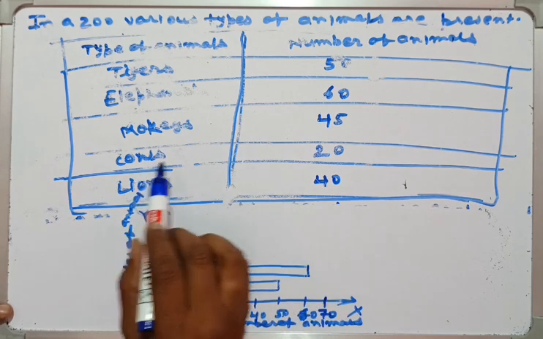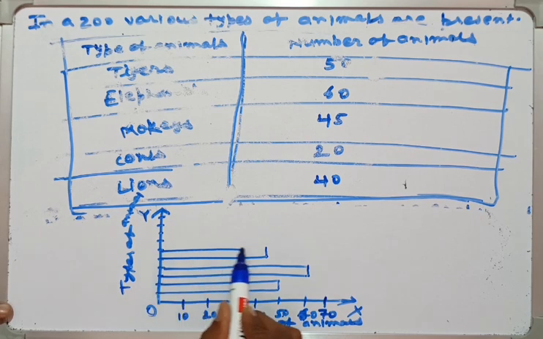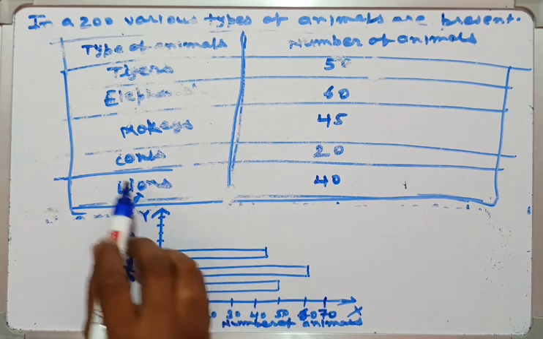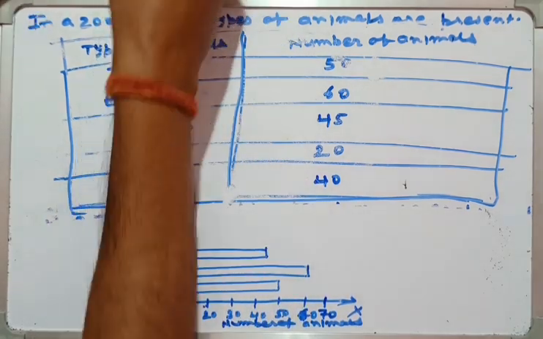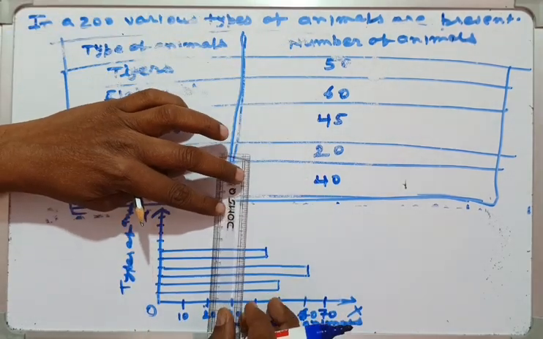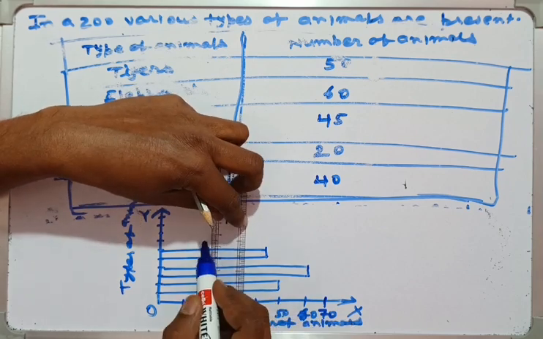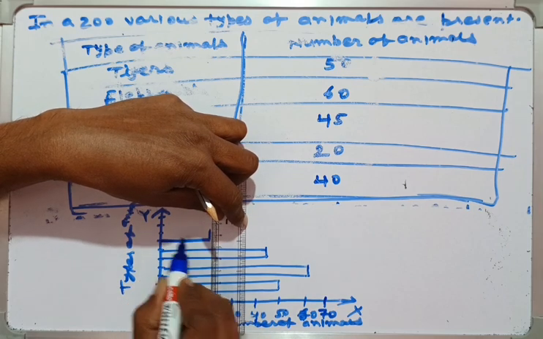Now monkey 45, so this one is a midpoint, so go here and draw a line like this, or you can use a scale also. Now for 20, what is 20? Cows. So we draw, you can use a scale, and draw a line like here, then again we draw a line like this.